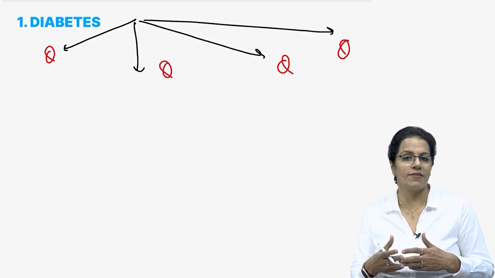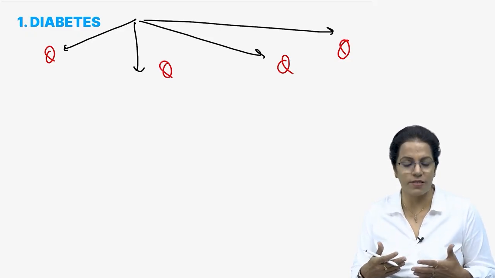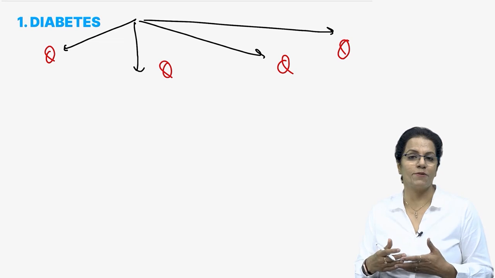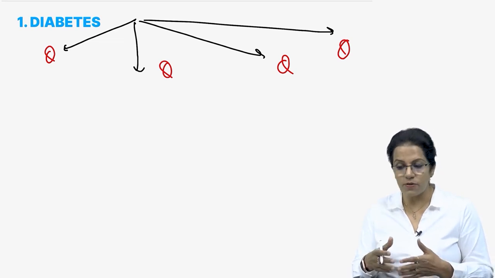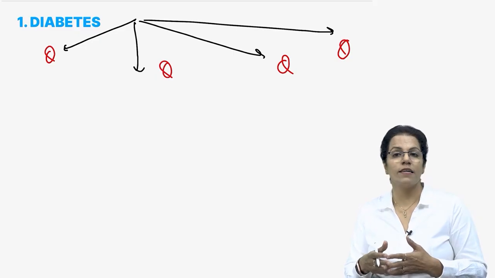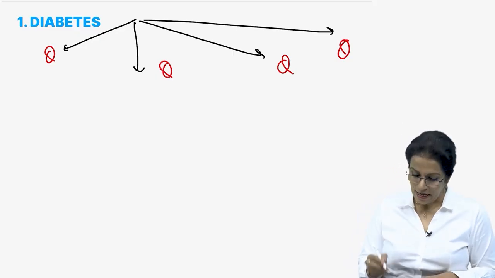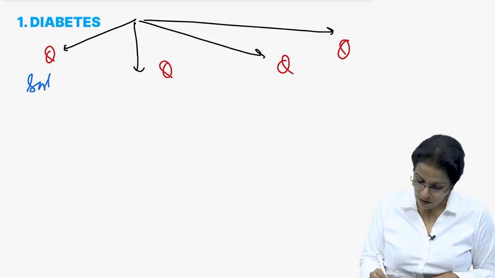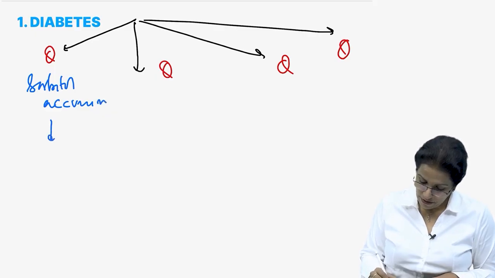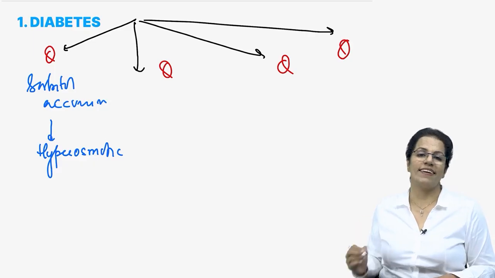Too much glucose, all the metabolic pathways are exhausted: Krebs cycle, glycolysis, pentose phosphate, and the only option left is the sorbitol pathway. And this sorbitol pathway causes sorbitol accumulation in the lens, and because it is very hyperosmotic, it imbibes water, and this is the cause of cataract.